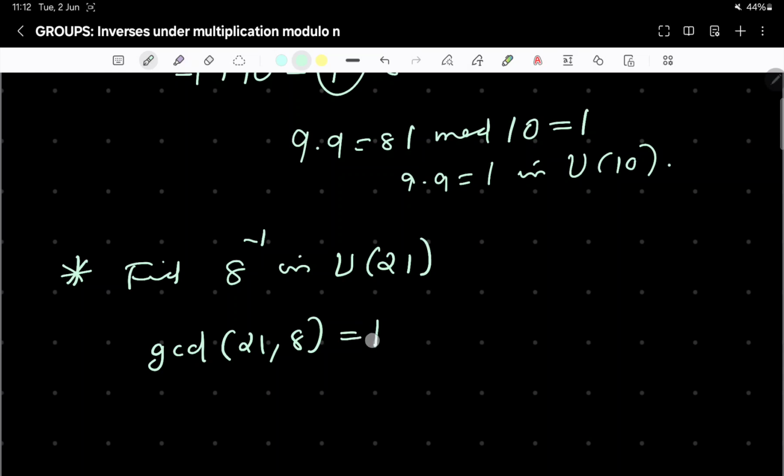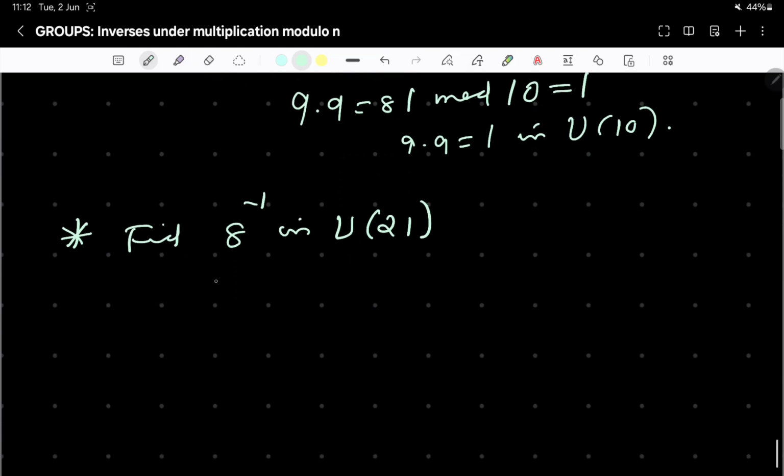So how do you know that? You have to check what the GCD of 21 and 8 is. So what you will do is follow the algorithm I have just told.